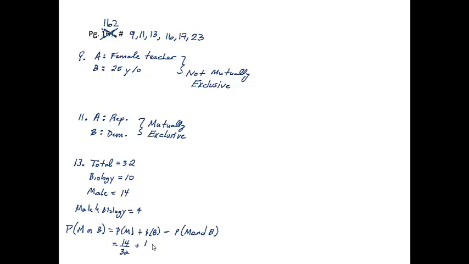There were 10 out of 32. Remember, it's a probability, so don't forget to divide by the whole or the total. Minus, what was the overlap? 4 out of 32. So this becomes 20 out of 32, which is approximately 0.625.